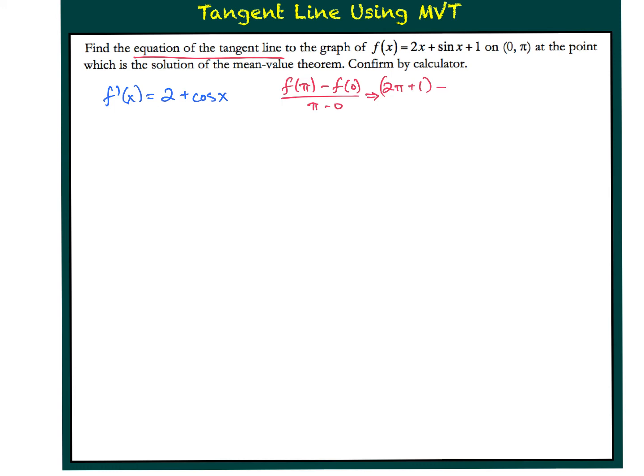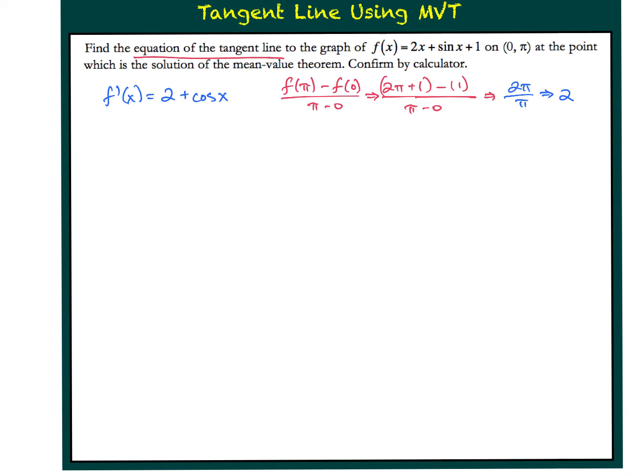Minus, now I'm going to substitute in 0: 2 times 0 is 0, sine of 0 is 0, plus 1 is 1. Pi minus 0. So what do I get up top? 2 pi over pi, which is 2. So my algebra slope is 2.